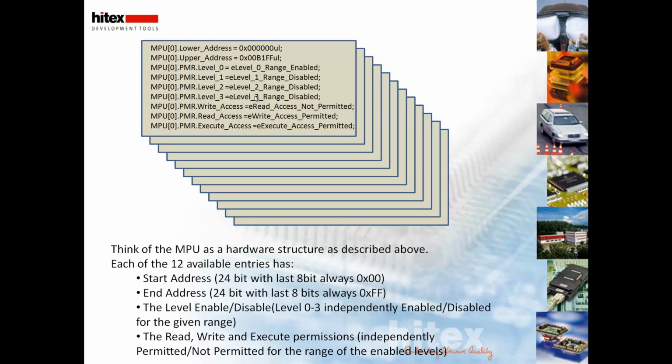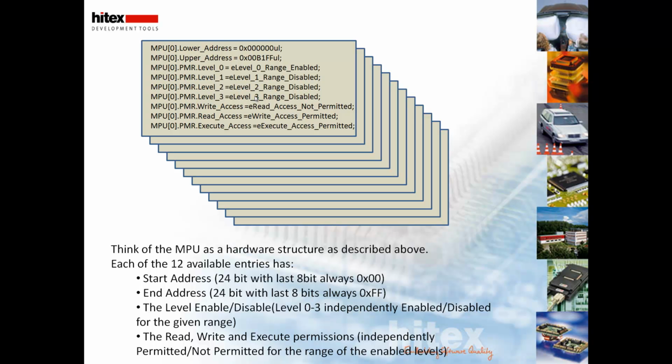So this means that we have a very flexible system. We can specify a start address, we can specify an end address, we can specify which sections of our code have access to that, and we will divide those up by protection level. So we have protection level 0, which is the operating system which has access to everything, and then we have level 1, 2 and 3, which are the user application levels which have selected access to the system resource.